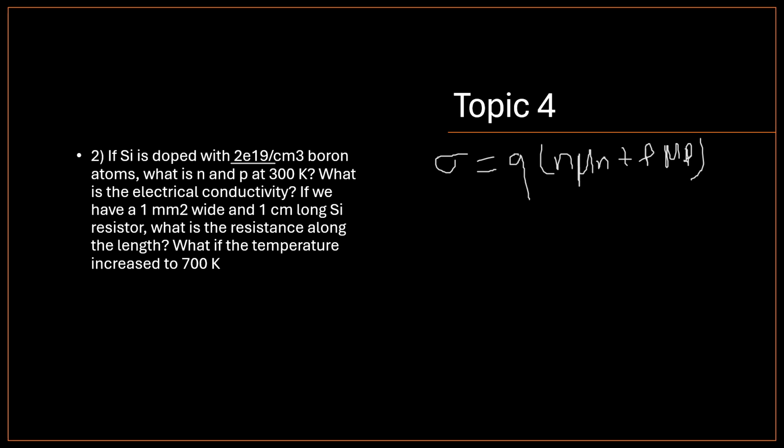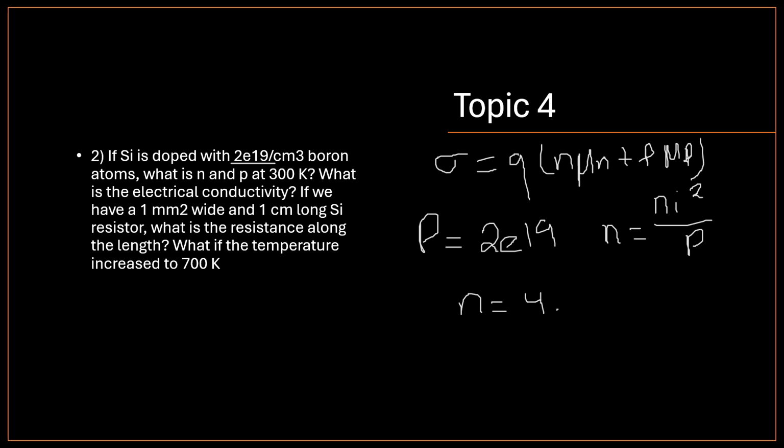So for this one, our P is actually going to equal 2e19, or 2 times 10 to the 19th. And our N is going to equal our carrier concentration squared, which we had on the last problem, over our P. So N is going to equal 4.69.